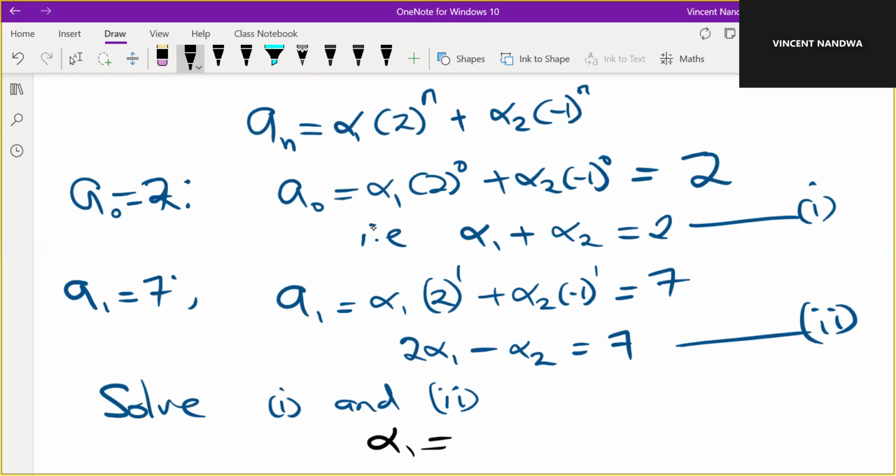I'll check your working. These are just simultaneous equations.